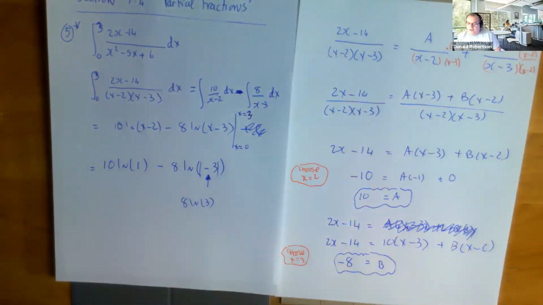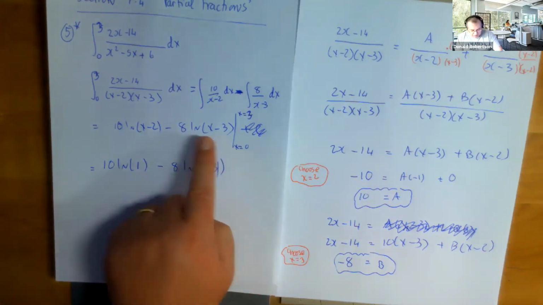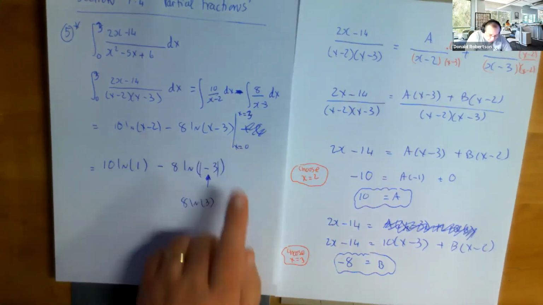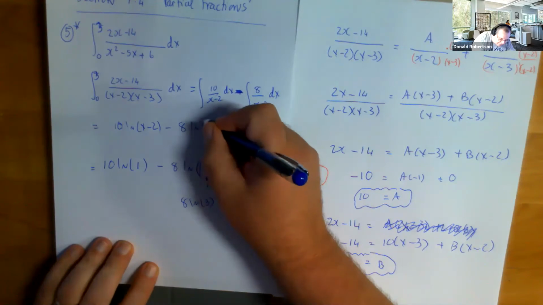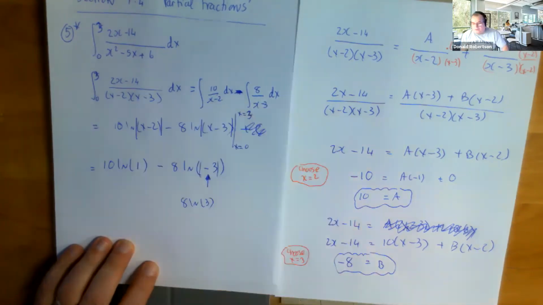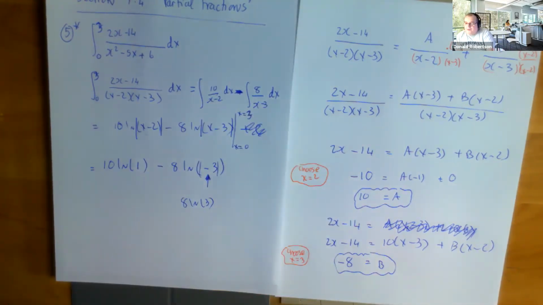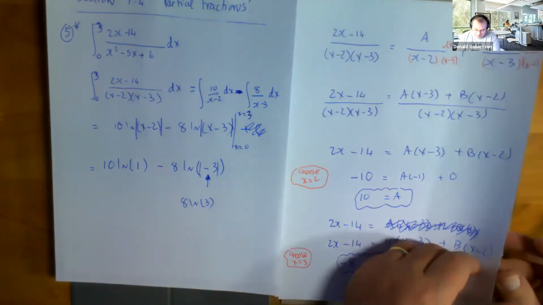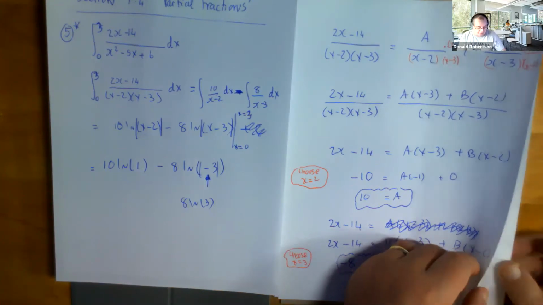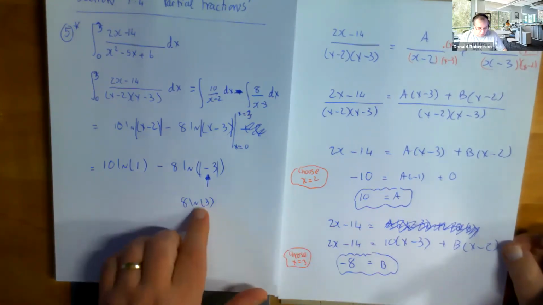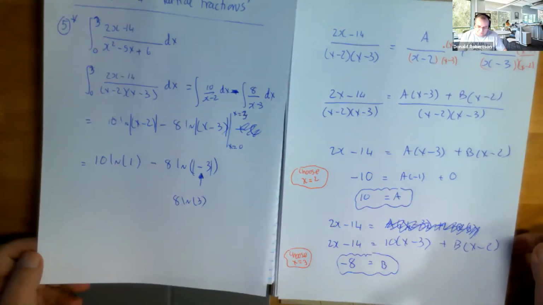So if you're ever plugging numbers into a log expression, we'll use the assumption that all of these logs have those absolute values around them, just to make sure that we don't get caught out with a negative number. Because you can't get the log of negative 3, but you can for 3. So just watch out for that when you're doing the numerical part. Are we good with that one?